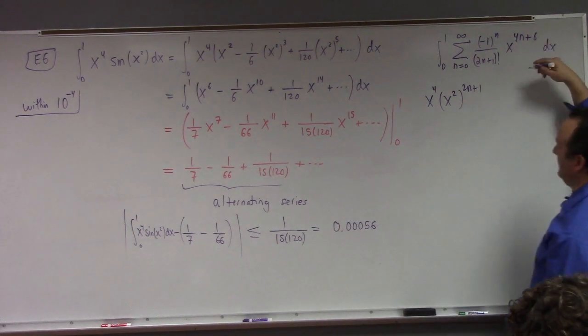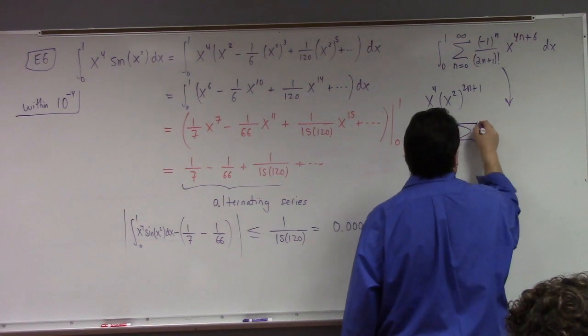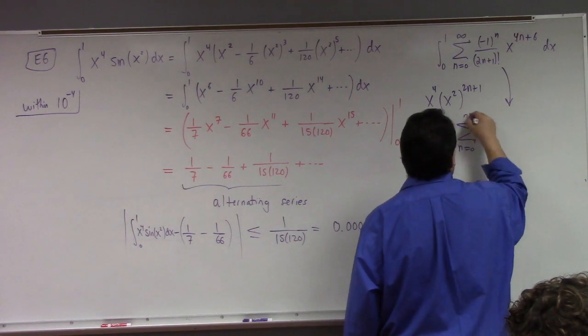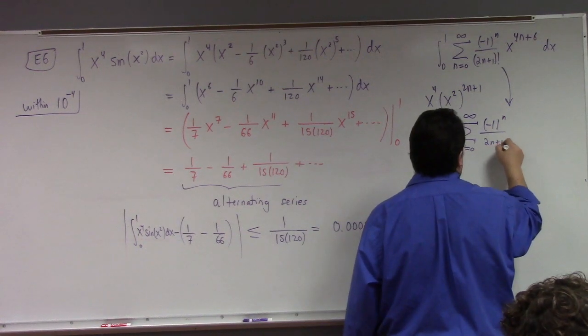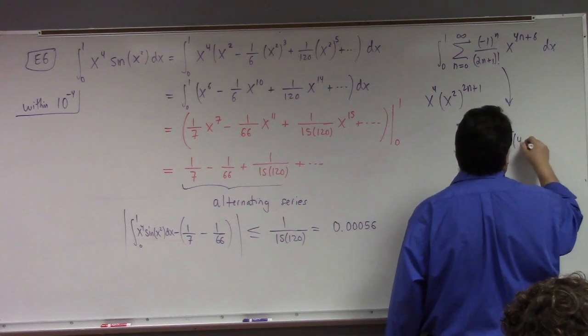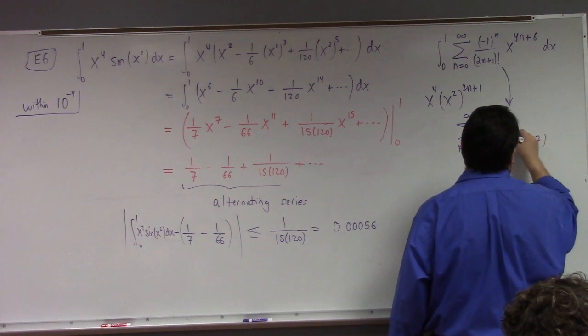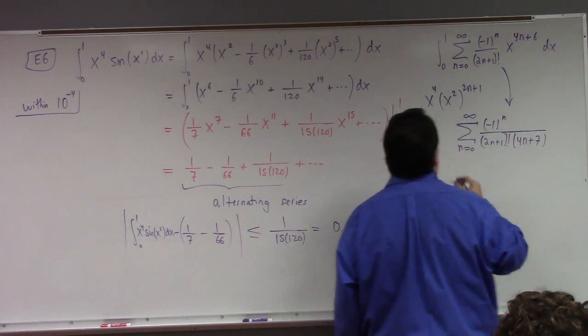So if you look at that, then this gives us the sum n equals 0 to infinity minus 1 to the n over 2n plus 1 factorial times 4n plus 7, right, is the integral.